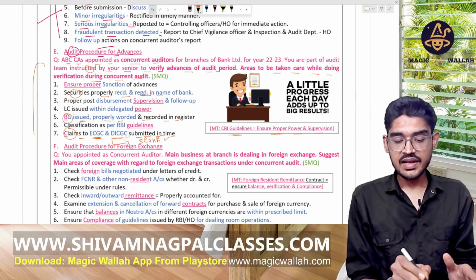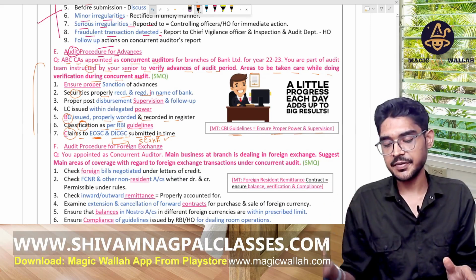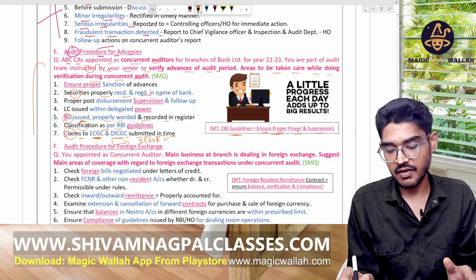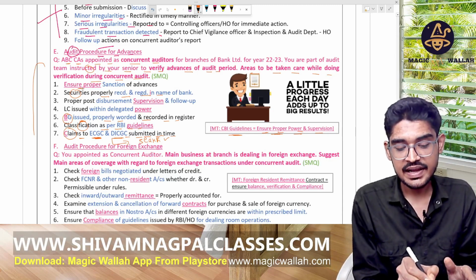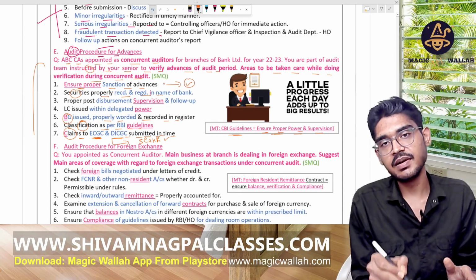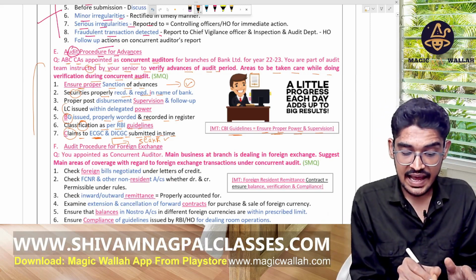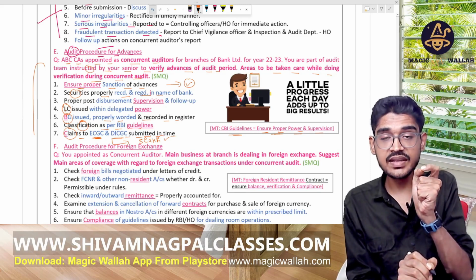Guidelines: classification should be done as per the RBI guidelines, standard, substandard, etc. Ensure proper power, to ensure proper sanction of advances. Okay, given only to those who are eligible, not to everyone. Power: the LCs, letters of credit, are issued within the power.